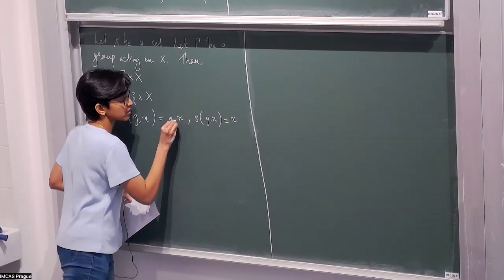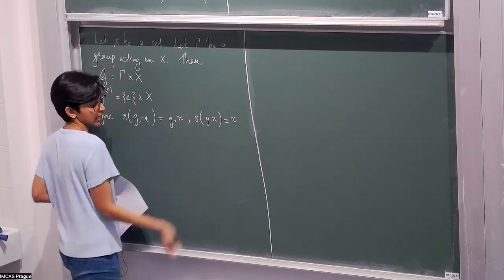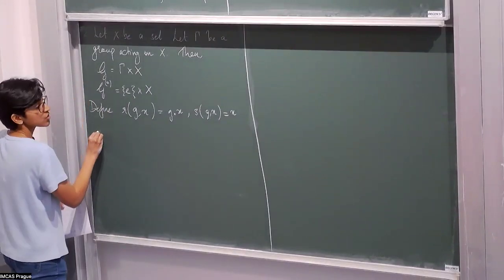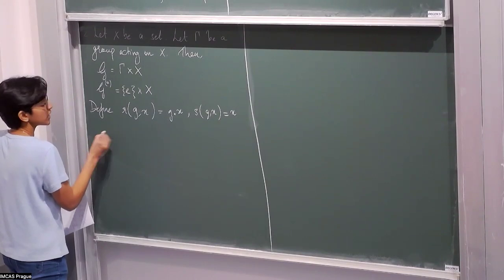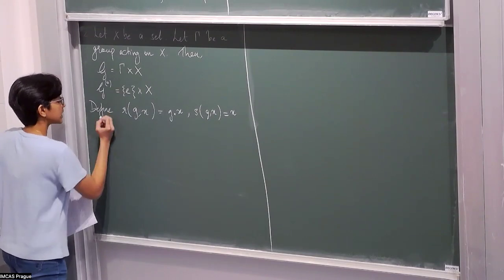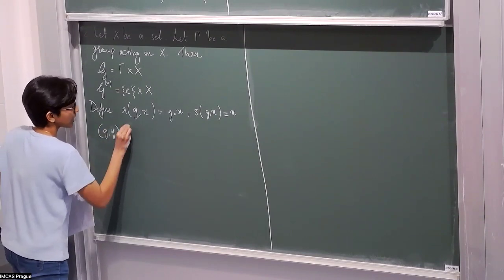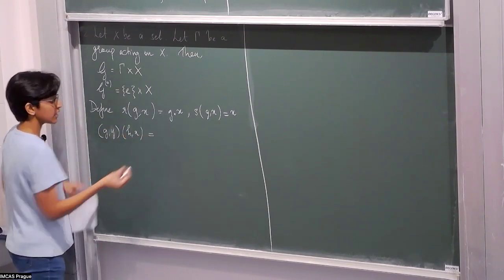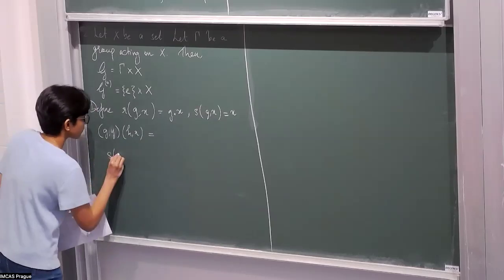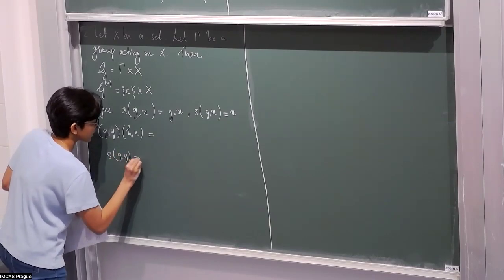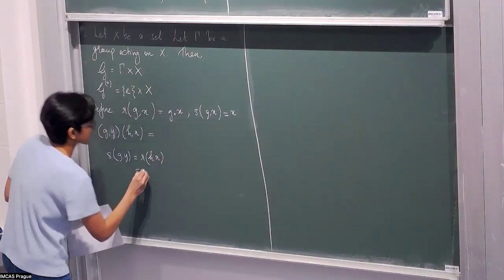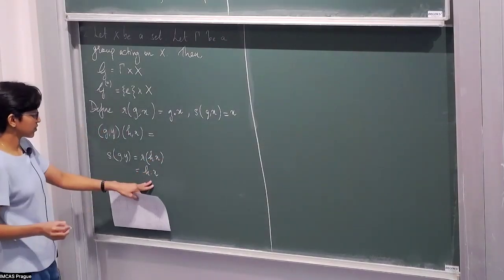So here it is, the action of the element G on X. And now we need to define how we multiply two things. So we know that if we take two elements, (g, hx) and (h, x), if I need to compose these two, then I know that the source of (g, hx) should be equal to the range of (h, x), and the range of (h, x) is nothing but h·x.